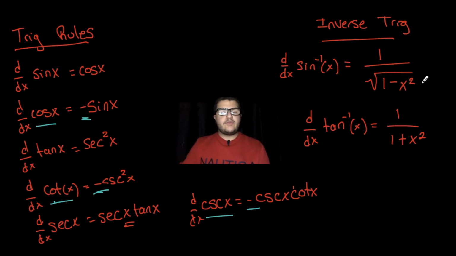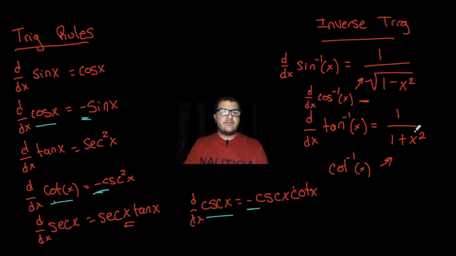And if you memorize these two, you automatically know the derivative of cosine inverse, because it's just the negative of the derivative of sine inverse.